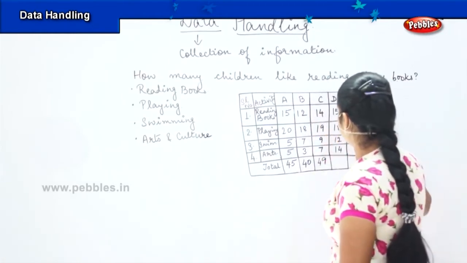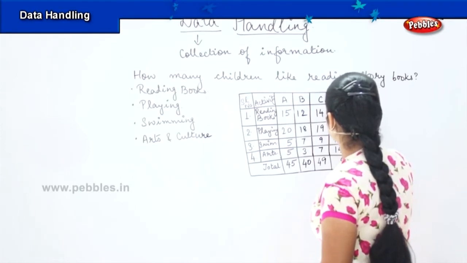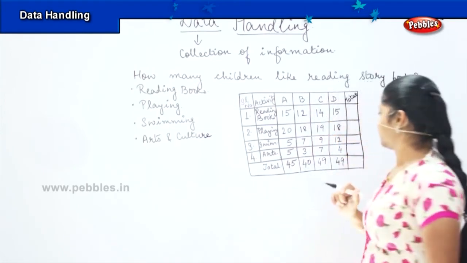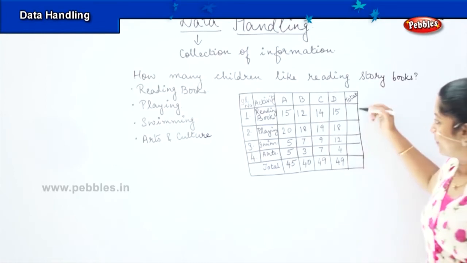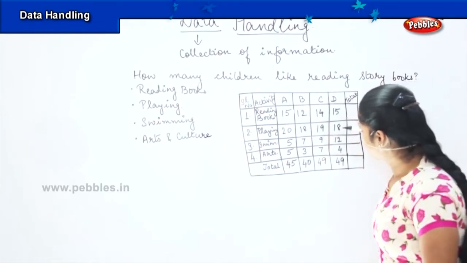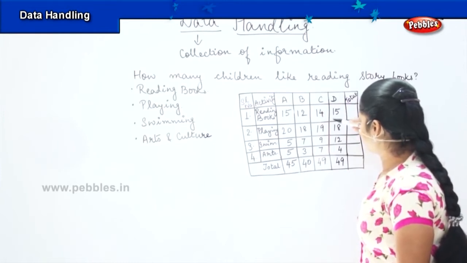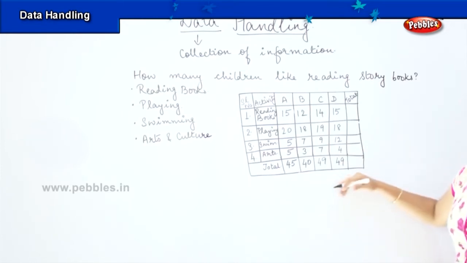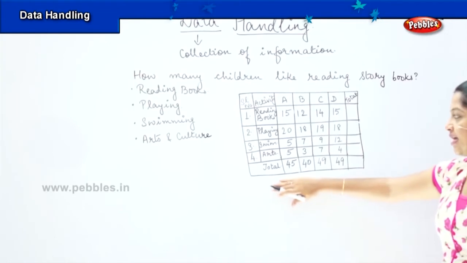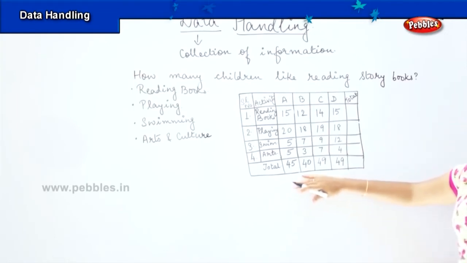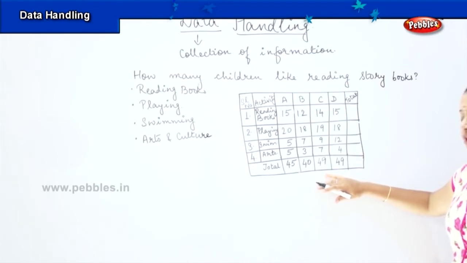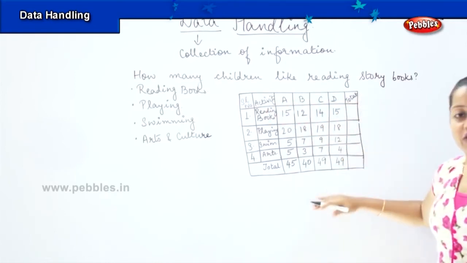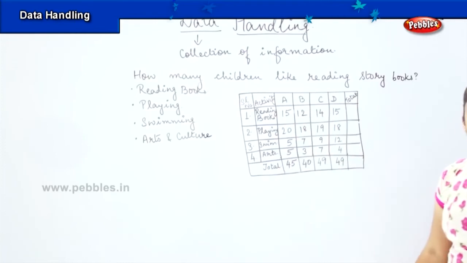And in section D, is it correct, children? Let's see. So there are a total of 40 to 50 children in each class, right? Section A has 45, section B has 40, section C has 49, and section D also has 49. Now among the four sections, we need to check which particular option has the maximum children.